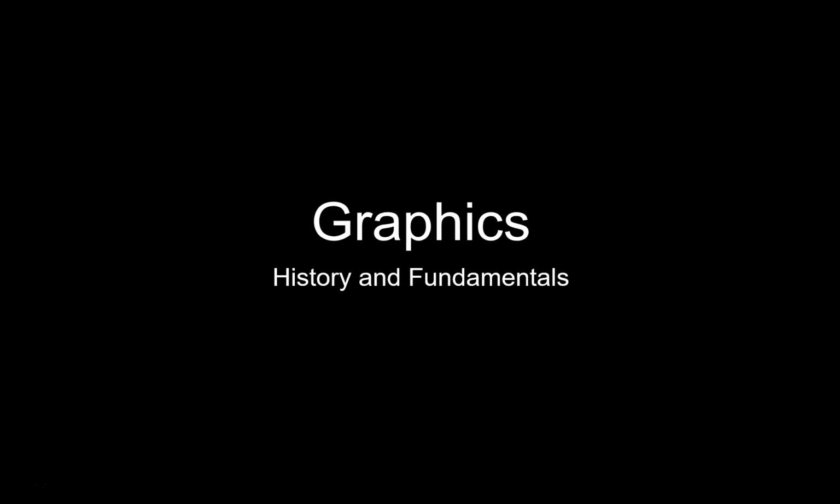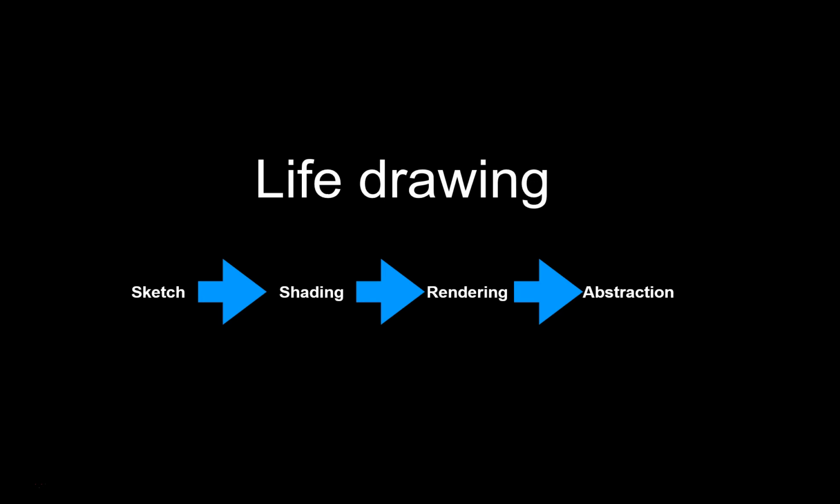Now, when I think of graphics and some of the fundamental things that I learnt in terms of proportion, form, line, etc., I started off with life drawing. With life drawing, you generally start off with a 5-minute or 30-second sketch.